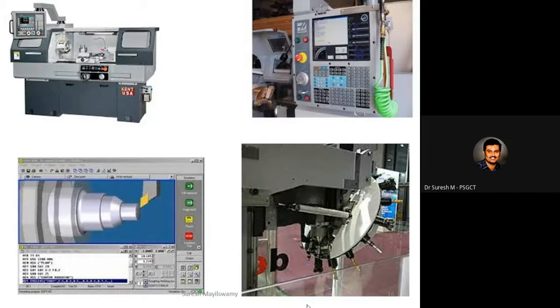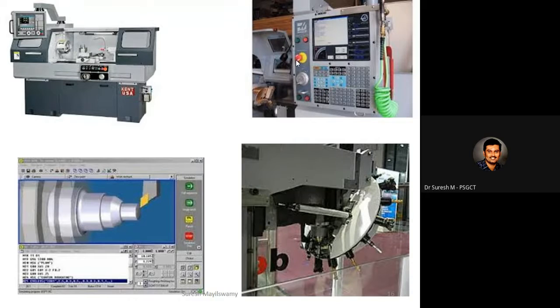CNC. So the first one is the CNC machine. So here you can see the chuck, turret as well as tool post, tailstock, everything is there. And then we have a panel. In this panel we have to type a program and then we will run it. So the first diagram is a CNC machine. So here this is the programming panel.